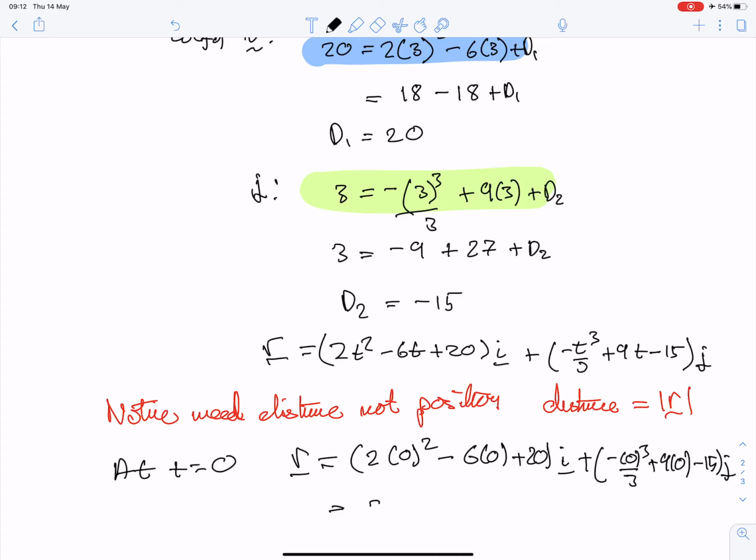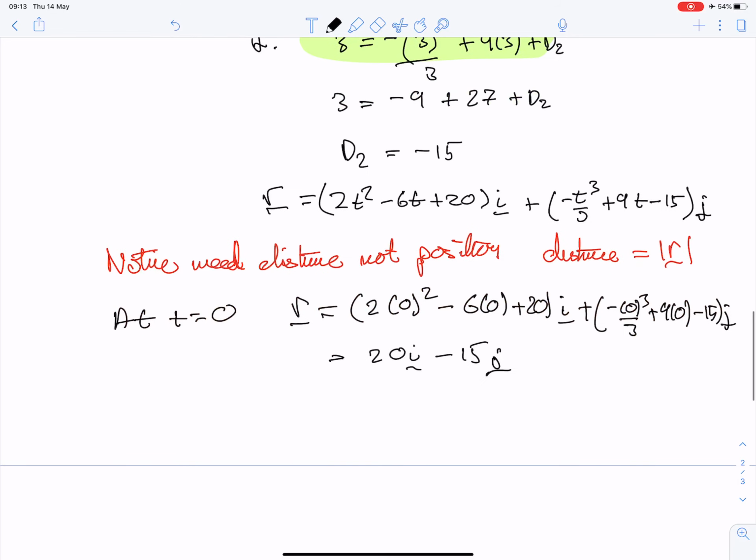So work that out, that's 20i minus 15j. But we want the magnitude of r, because the distance then is equal to the magnitude of r.